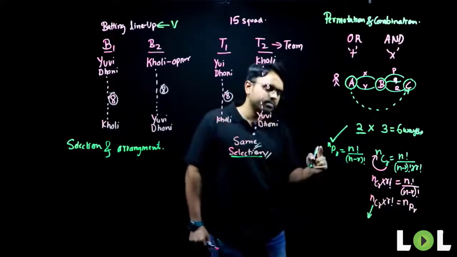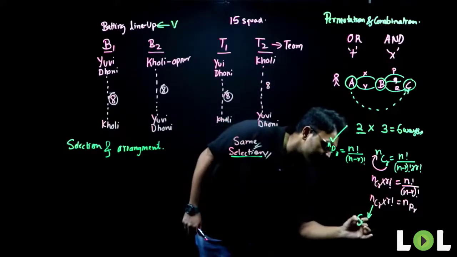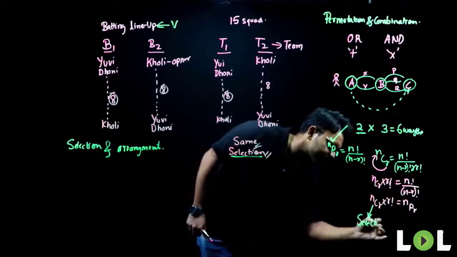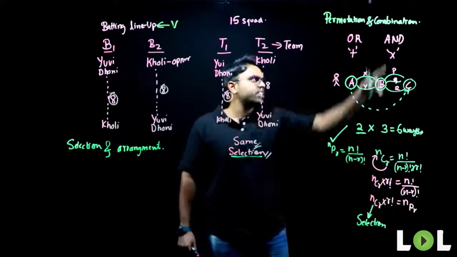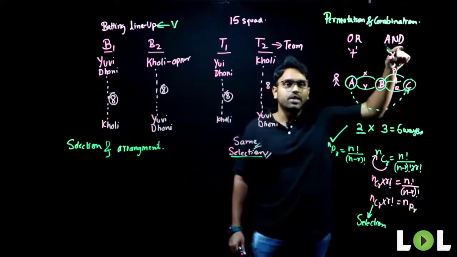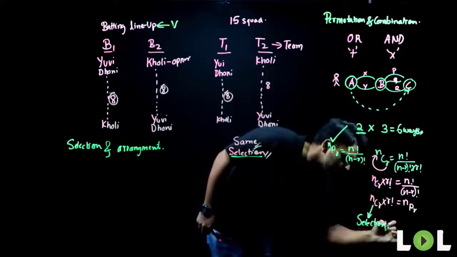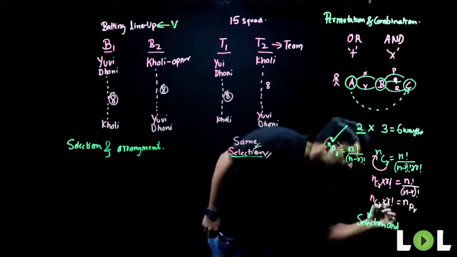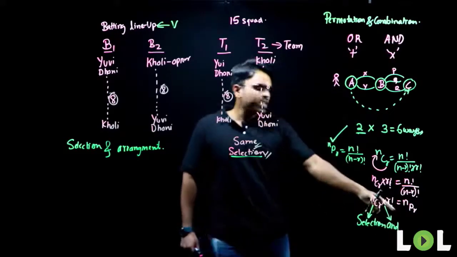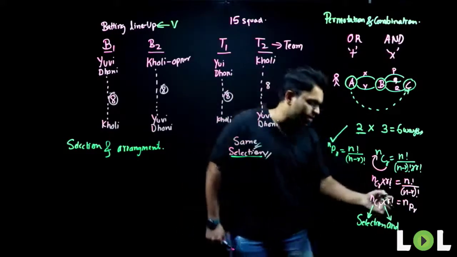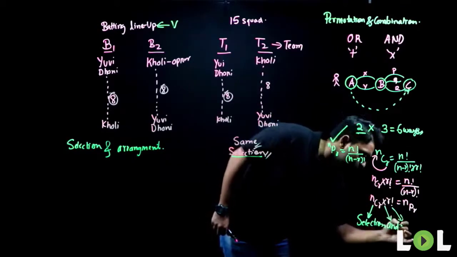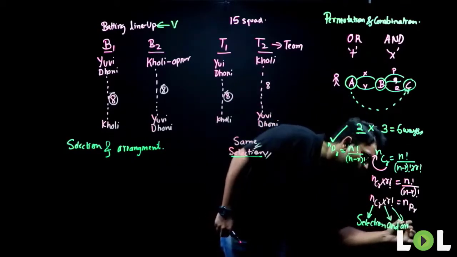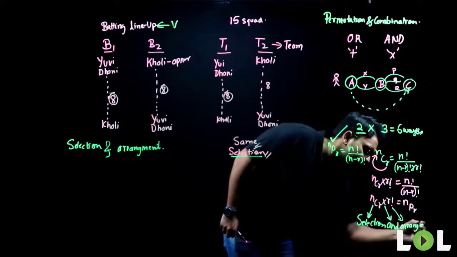NCR is selection. And multiplication represents "and." What does R factorial represent? R factorial represents only arrangement, or for now I can call it arrangement.